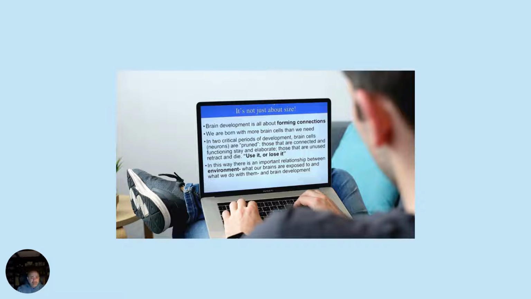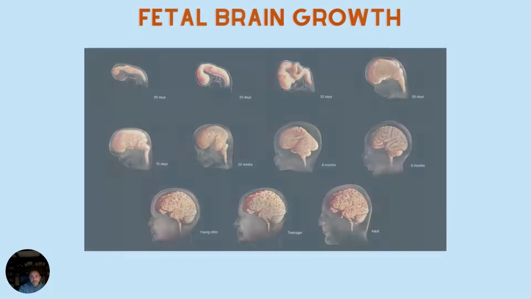Those that are connected and functioning stay and elaborate, and those that are unused retract and die. You have heard the term use it or lose it. In this way, there is an important relationship between environment, what our brains are exposed to and what we do with them, and brain development.